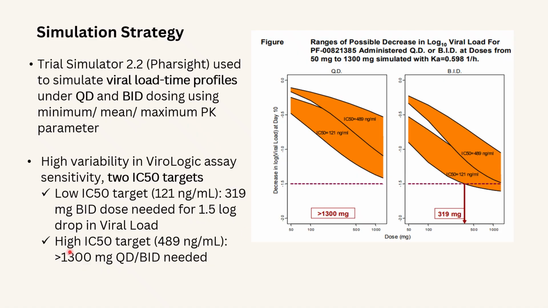However, for the high IC50 target of 489 nanogram per mL, the required dose exceeded 1300 milligram to achieve a 1.5 log drop in viral load. So this was even after exploring the controlled release formulation strategy.